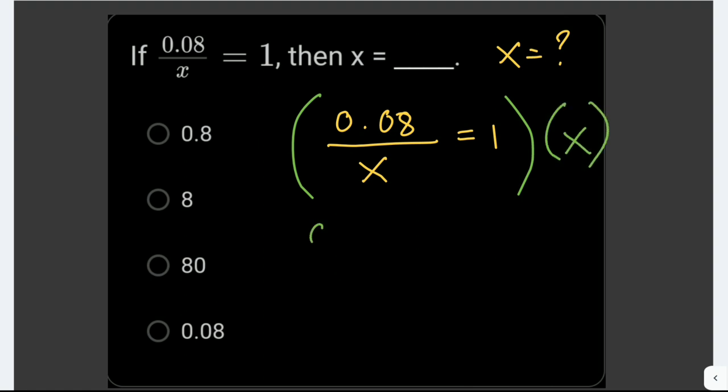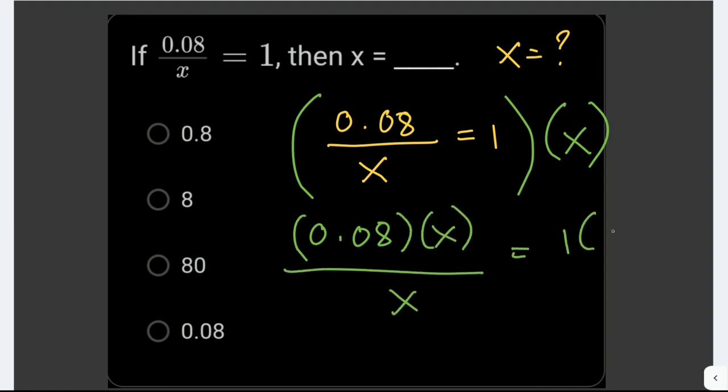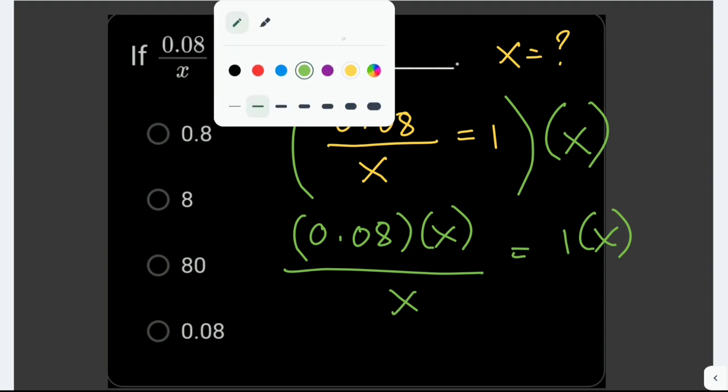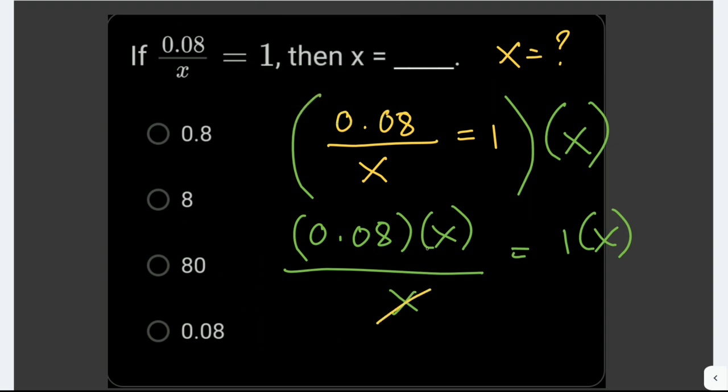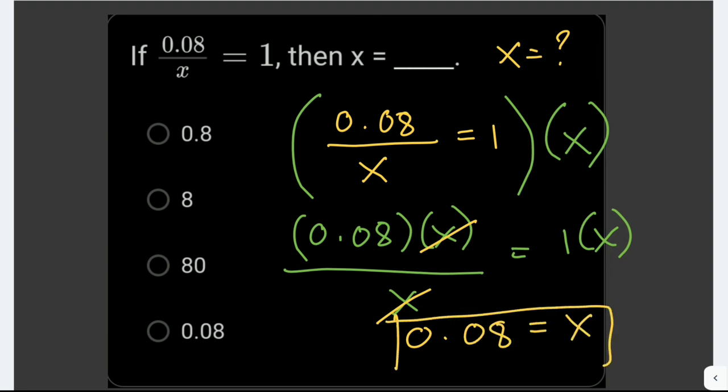So this would become 0.08 times x over x equals 1 times x, and then x cancels out, and we're left with 0.08 equals x. Therefore, the value of x here is 0.08. So the answer here is this one.